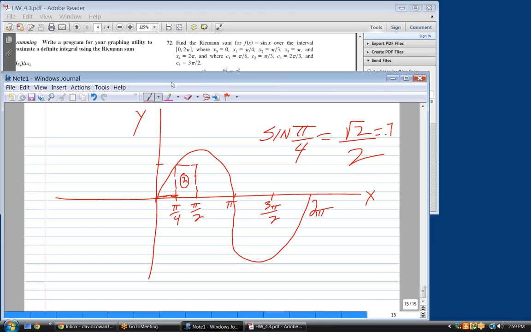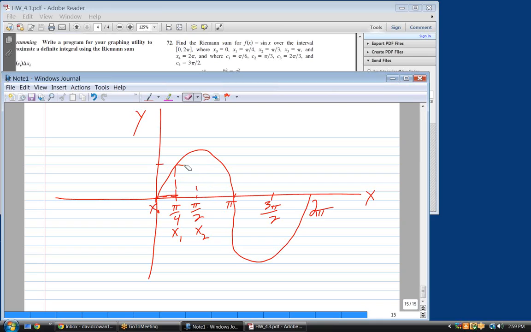Okay, but before we get into that, let's draw this picture out. This is x sub 0, this is x sub 1, this is x sub 2, x sub 3 is... x sub 1 is pi over 4, x sub 2 is pi over 3.